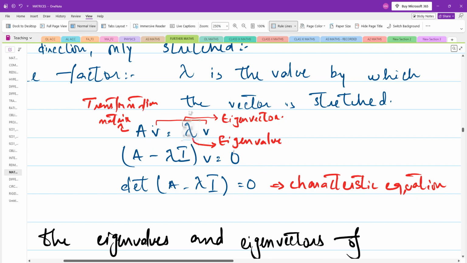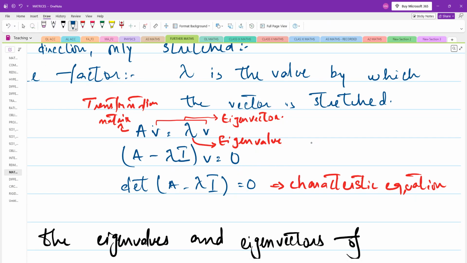This lambda is a number. For a matrix to be subtracted by a number, that number must be multiplied by I, in other words, the identity matrix. And that identity matrix for a 3 by 3 matrix is 1 0 0, 0 1 0, 0 0 1. So that lambda value is essentially being multiplied with this.